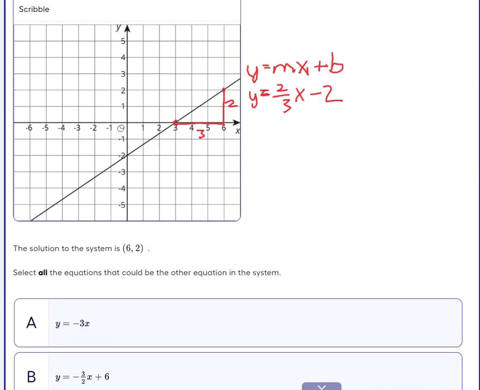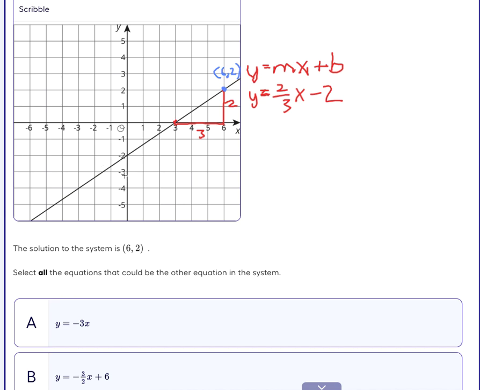How do we know it's in the system? Well, we know the solution is this point right here, (6, 2). So if the line goes through that point (6, 2), then we'll know it could be a possible equation in the system. And there could be a lot of different options.